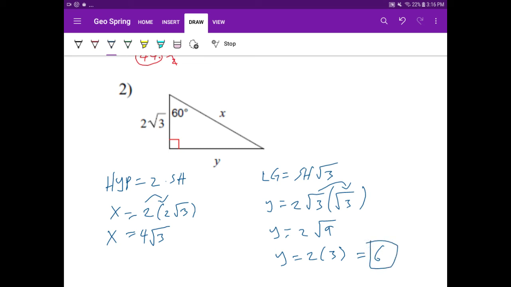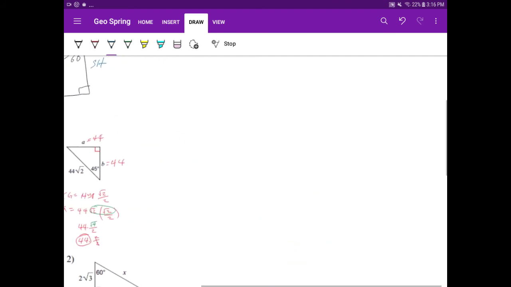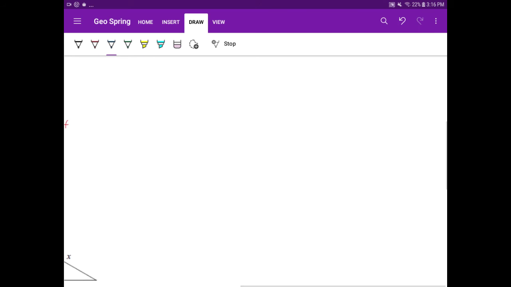There's your y, there's your x. Pretty straightforward. Like with the 45, 45, 90, if you had 20 here, that means this is also 20, and this is 20 square roots of 2. Once you have one of them, you have all of them.